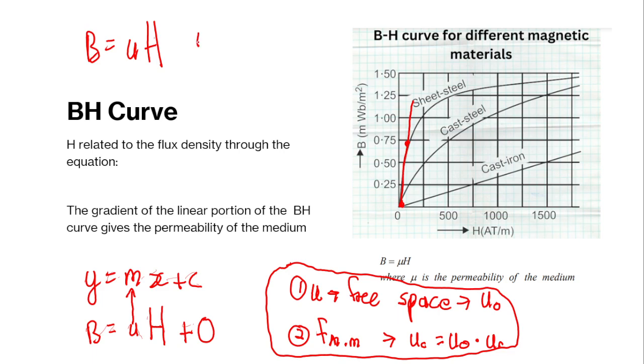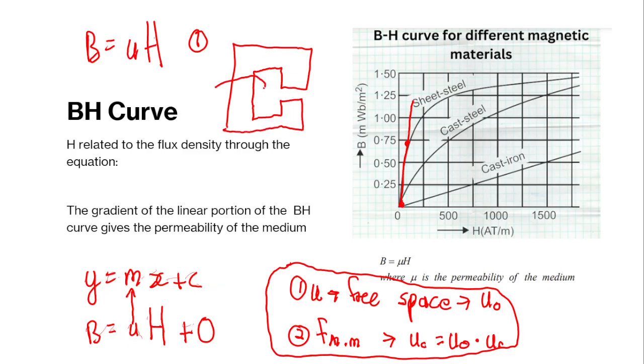But one more thing, right? Anybody could answer. When you have the value of B, does the value of B change through the air gap and through the core, or is it the same? Let me say I have this: we have an air gap here, and we have all this core material and a coil here.